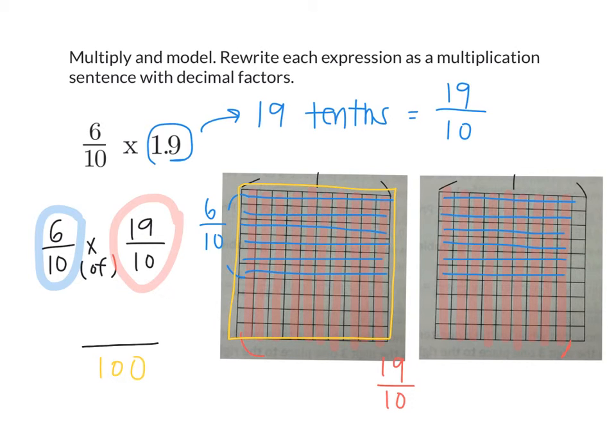Well, on this box over here, we have 6 times 10, which would be how many? 60. And over here, do we also have 6 times 10? No. We have 6 times 9. Which is? 54. So over here we have 60 of them. I'm going to write it in a different color, 60. And over here we have 54. So how many is that altogether? 114. So we have 114 over 100.